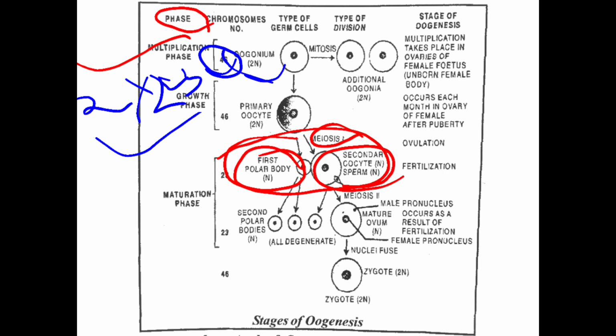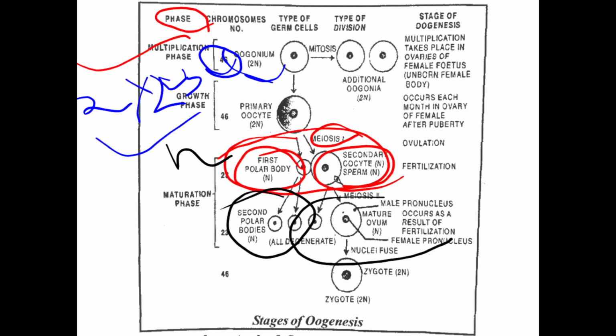In the first maturation division, the diploid chromosome number turns into haploid. The second division is the equational division, meiosis 2, in which the first polar body forms two polar bodies and the secondary oocyte forms one large functional ovum and one polar body.